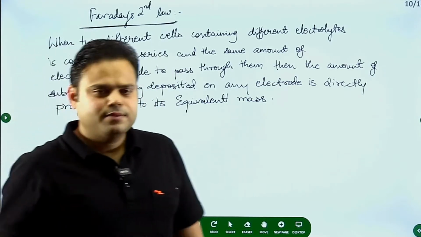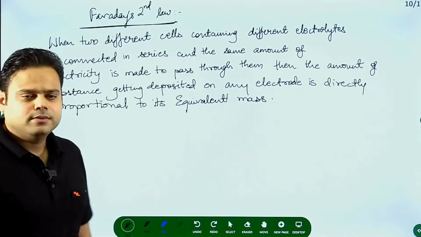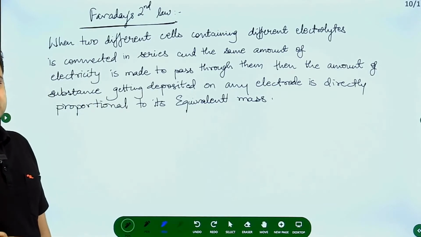Two different cells containing different electrolytes connected in series. So the same amount of electricity is made to pass through them.